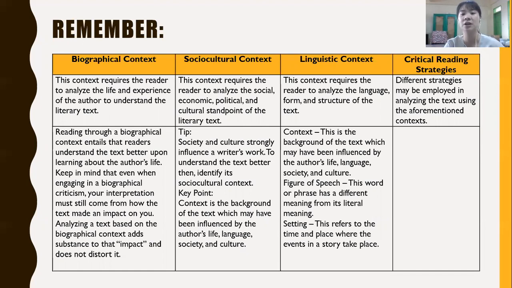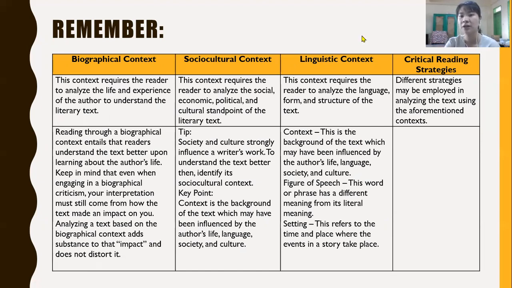The third one is the linguistic context, from the word linguistic, or analyzing the language, form, and structure of the text. From the word context, this is the background of the text, which may have been influenced by the author's life, language, society, and culture.